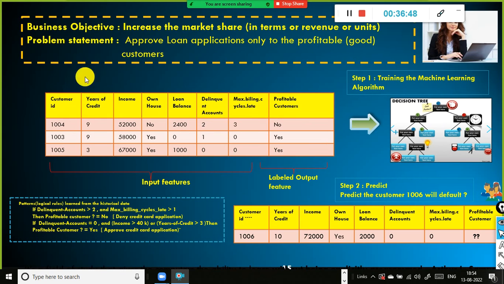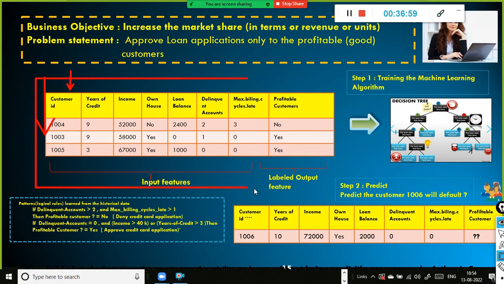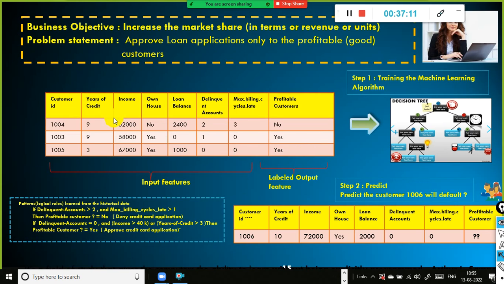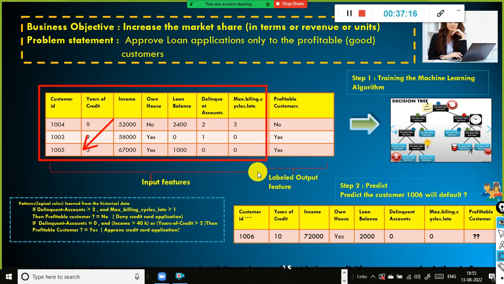All these columns, starting from customer ID, or forget about customer ID, just think that for the time being, starting from the customer ID till this one, I call these the input features. These are my input features. And this one I'm going to call my output feature, the labeled output feature.